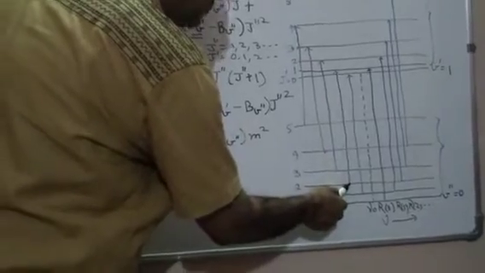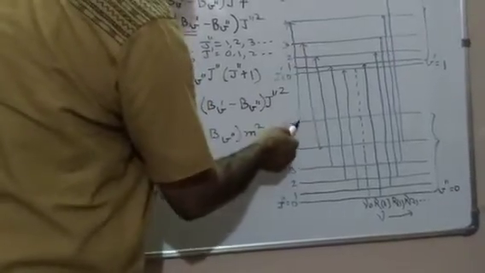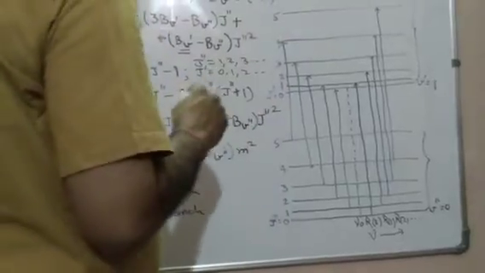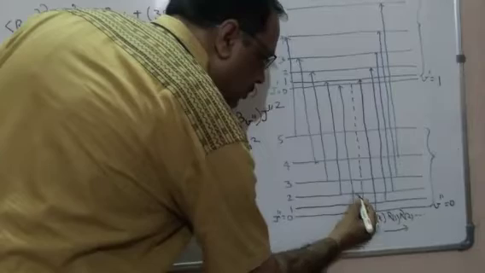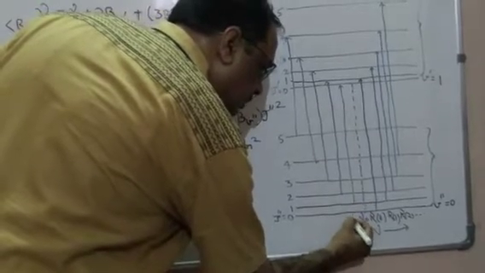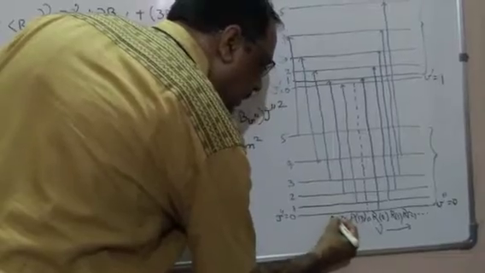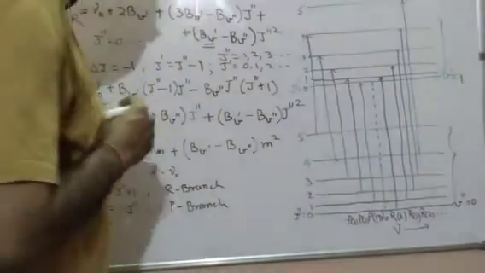Similarly, we start from 2, goes to 1. So from 3 to 2, from 4 to 3, and from 5 to 4. So how do we name these lines of the P branch? Since this starts from 1, we write P1, and then P2, third one P3, and so on. So these are the lines of the P branch.